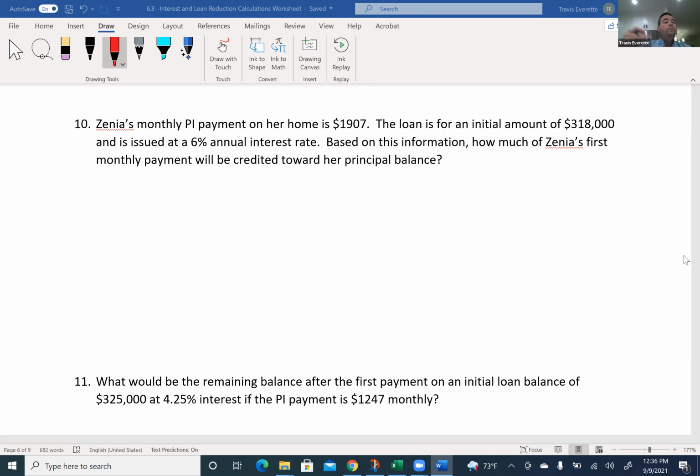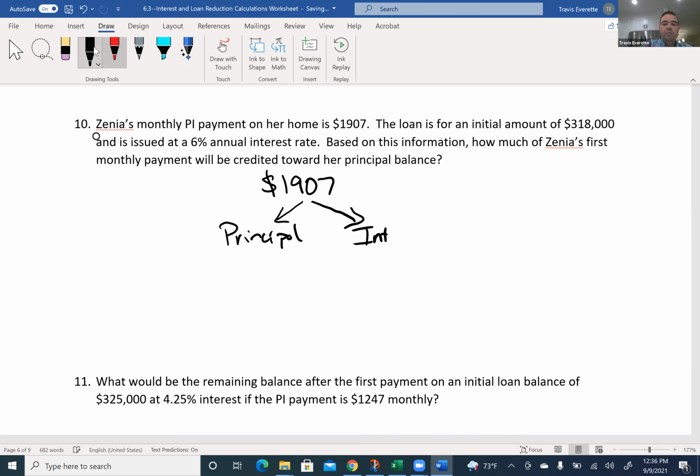So again, very similar to what we've been doing in the last couple of questions. We know we have this monthly payment of $1907. We want to split it up into its two pieces of principal and interest, because they want to know essentially how much will be credited toward principal.